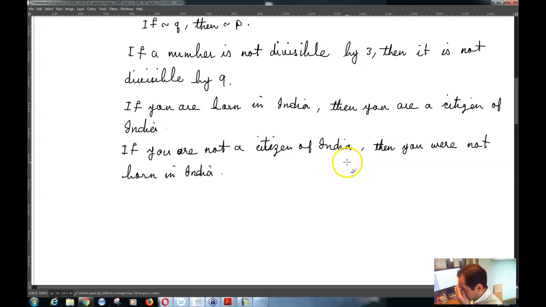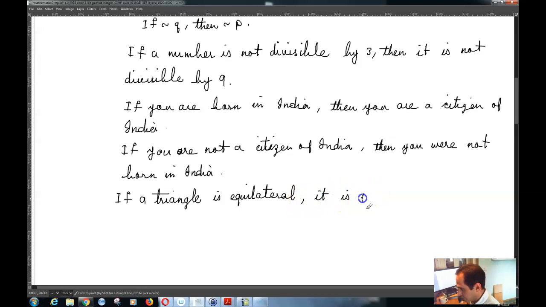Example number 3: if a triangle is equilateral, it is isosceles.